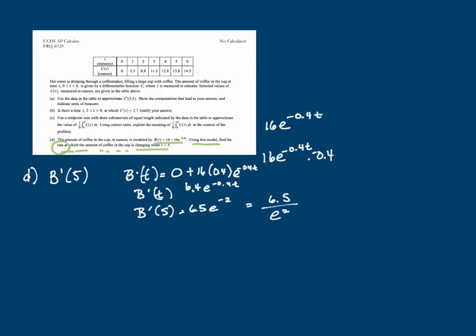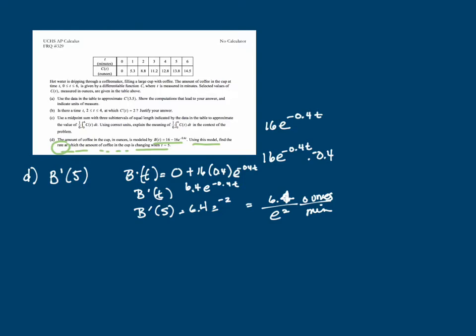I don't know why I wrote 6.5 back there, guys. So that's 6.4 over e squared. Now let's put our units down. That's a rate, so it's ounces per minute. It doesn't ask what that was, so you just have to find it.